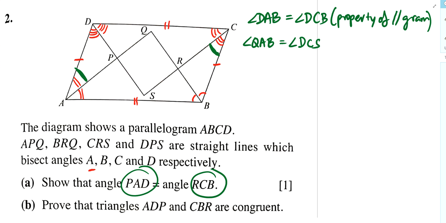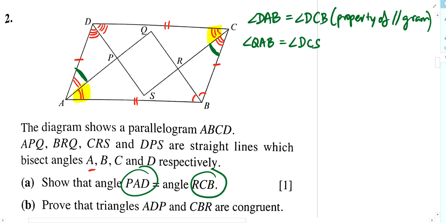So he's saying this angle is the same as DCS. Why? Given? No, it's not given. Okay, how is it? What about bisect? What are you trying to say?